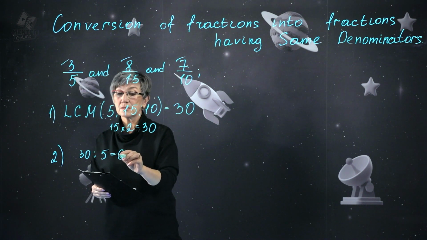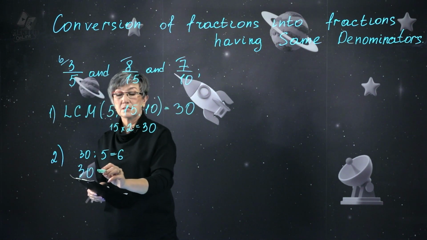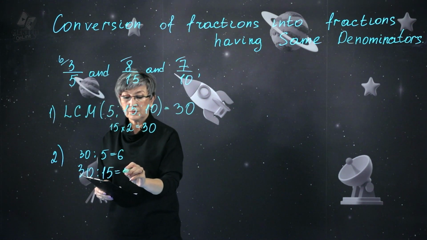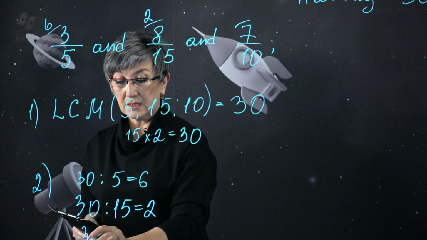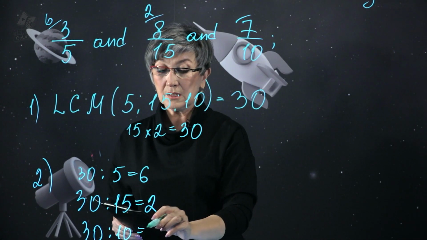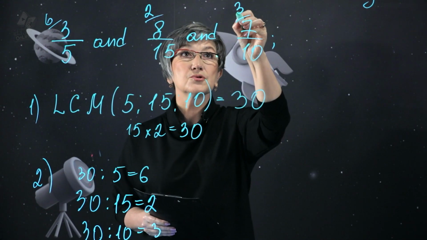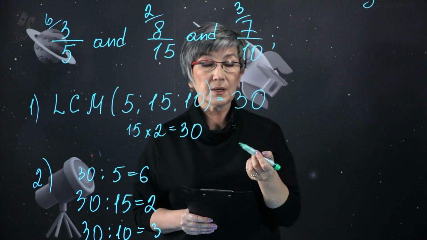It's going to be 6, and I'll write down this 6 here. Then I divide 30 by 15. I obtain 2, and I will jot down this 2 here. Following that, I divide 30 by 10, and I come to the result of 3. And I will put this 3 next to the third fraction.